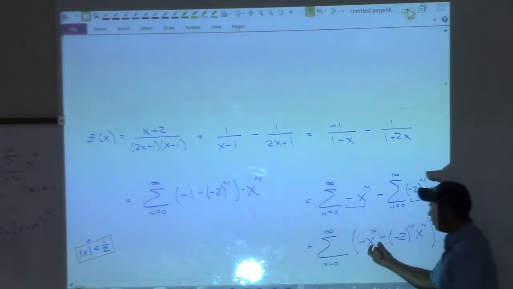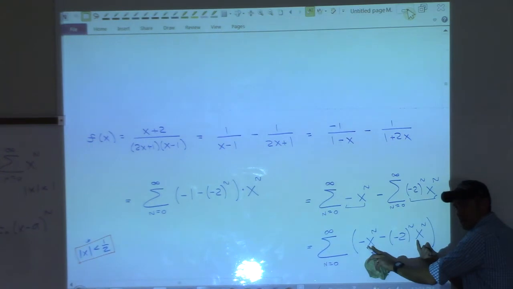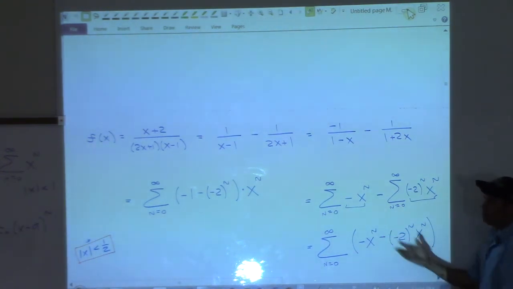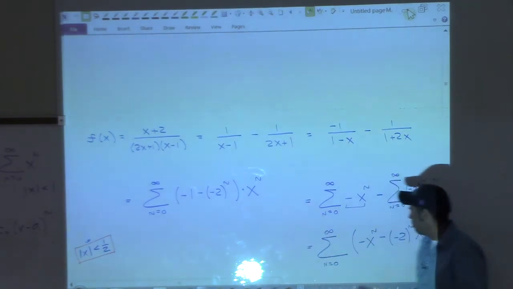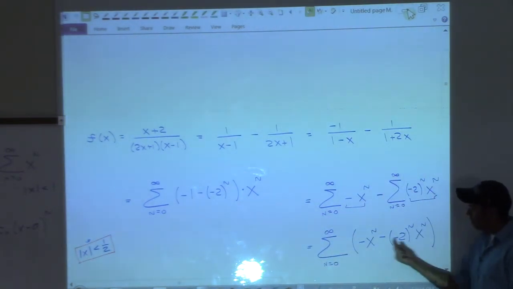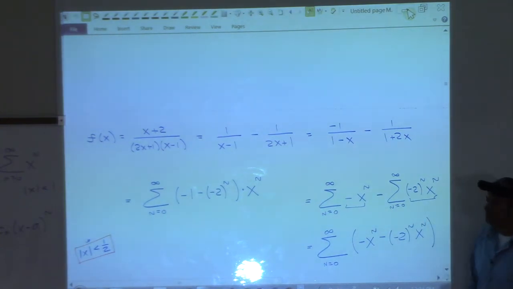All I did was pull the x to the n out to the back instead of the front, so that it would look more like a power series. When I pulled this out, I left the negative 1 here, and I left the minus negative 2 to the n. Do y'all see that?